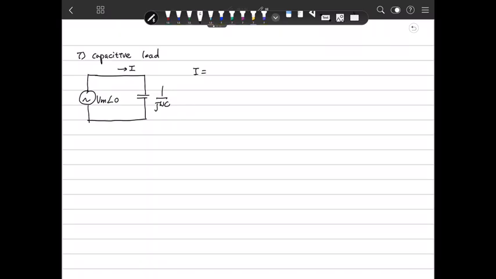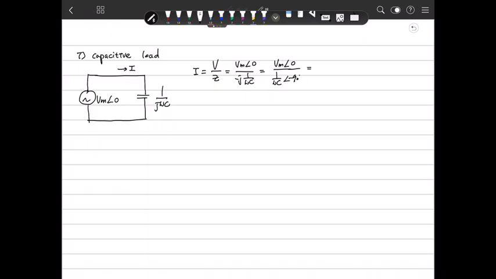Current I is V over Z, so there will be Vm angle 0 over minus j 1 over omega C. That gives Vm angle 0 over 1 over omega C with angle minus 90 degrees.